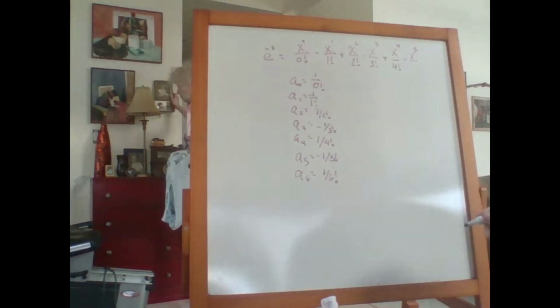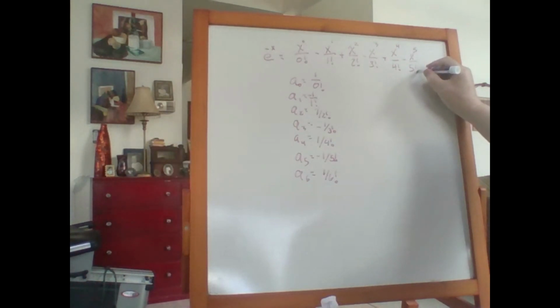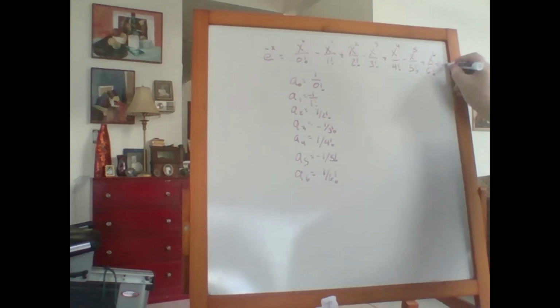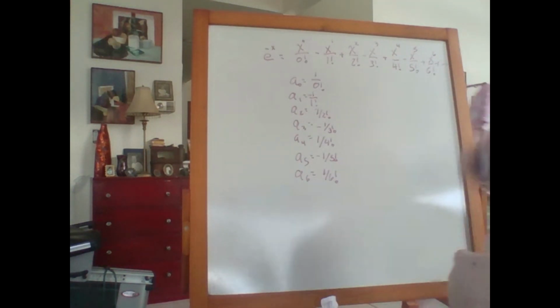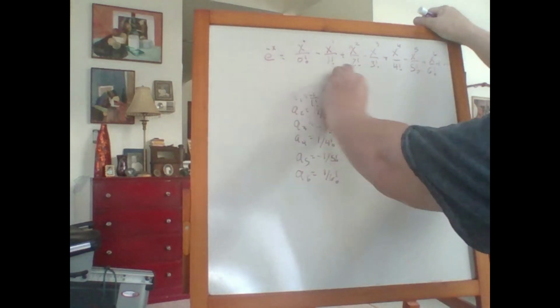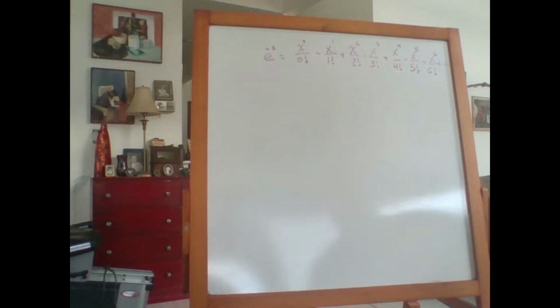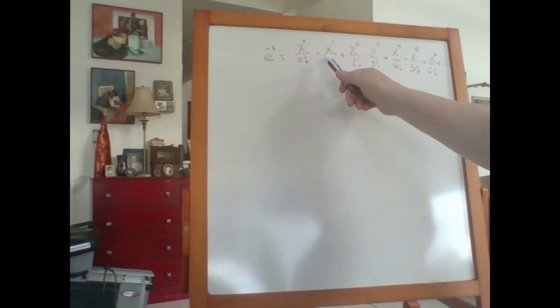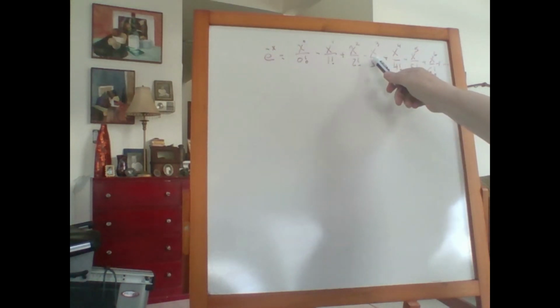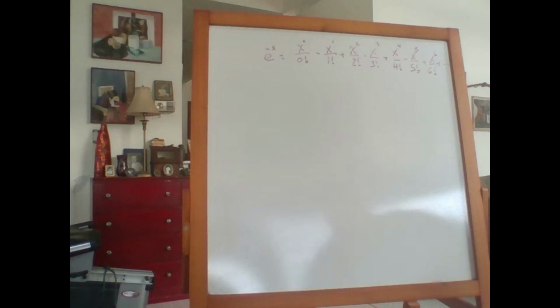Notice all the odd terms are negatives. Plus x to the 6 over 6 factorial plus forever. Now we've got our infinite series for e to the minus x. And it looks a lot like e to the x, except for this alternating sign here with the negative going with all the odd terms, 1, 3, and 5, and so on.